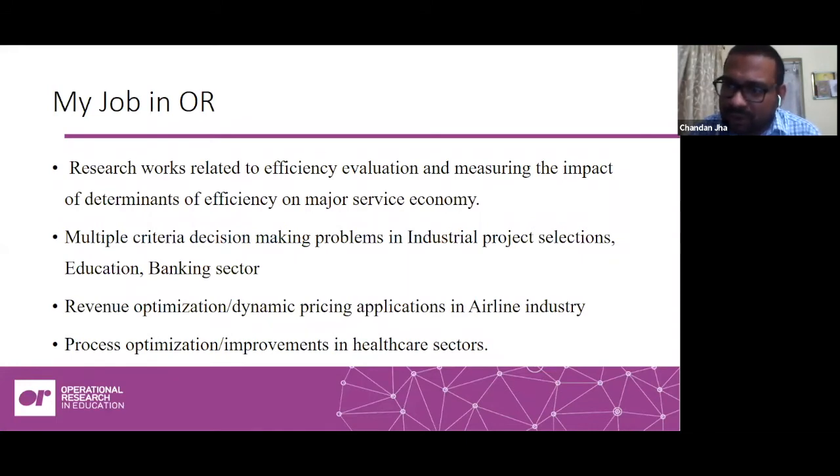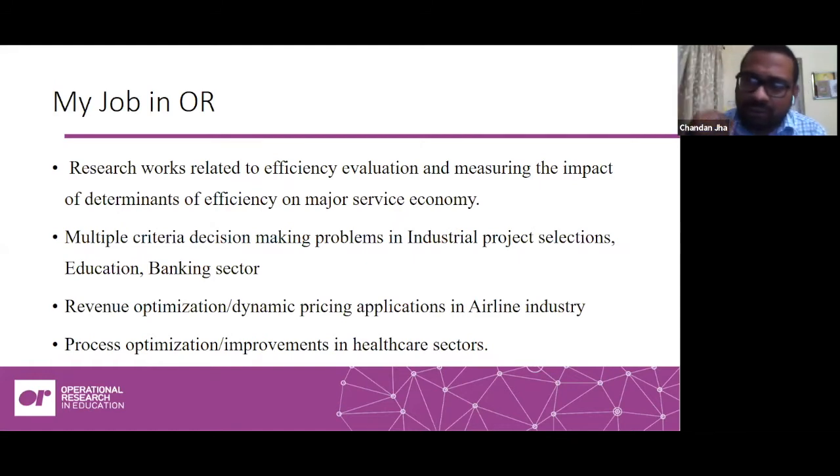There are a lot of models in operations research. For example, one is data envelopment analysis. Using these models, we can evaluate the efficiency of any manufacturing or service organization at different levels.